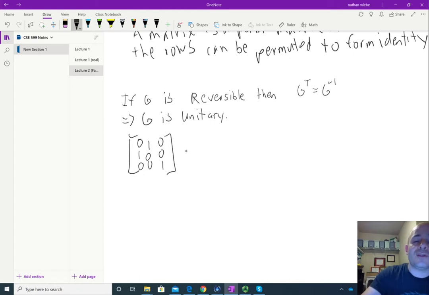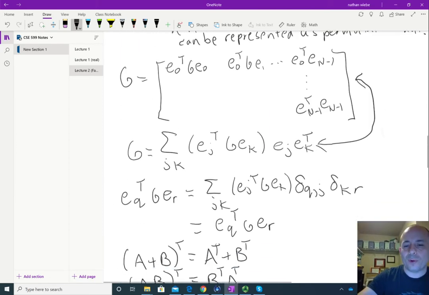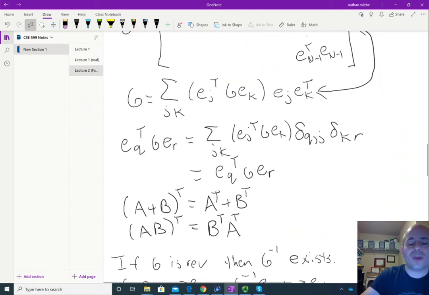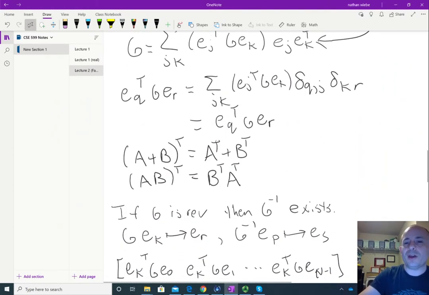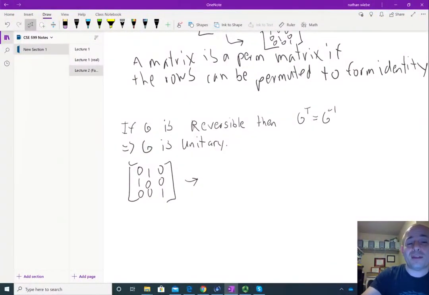Well, we can express this intuition by using this algebraic form for expressing a matrix as a sum of projectors over here. Because the reversible operators we're taking a look at only contain one non-zero matrix element per row and column, we could simplify that definition. And we can just write this as a sum only over the non-zero elements.